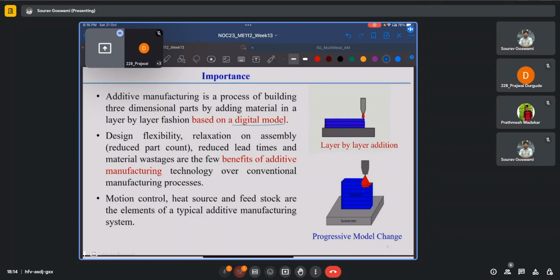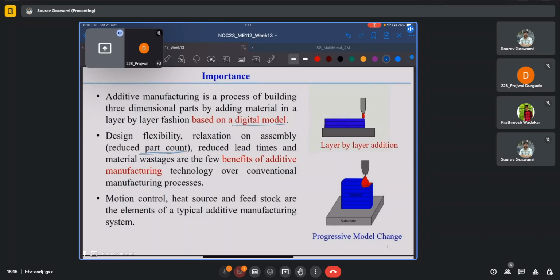Further, the part count is deeply reduced. There is a very illustrative example of the LEAP engine nozzle developed by GE, which, when manufactured by the conventional route, has as many as 30 individual parts, which have to be assembled later. Whereas when processed by the additive route, it is all a single unibody. So in just one nozzle, you used to have 30 separate parts. They have to be standardized.